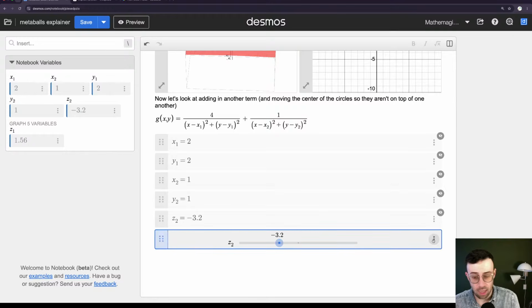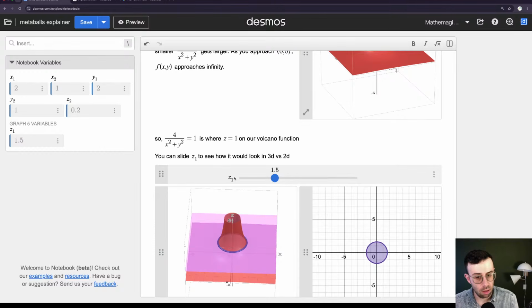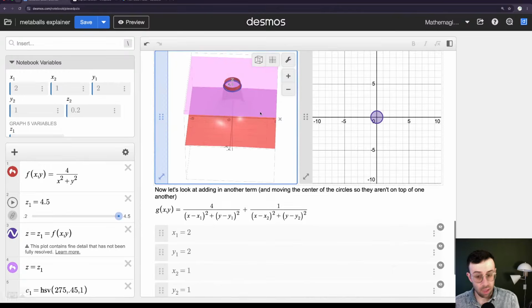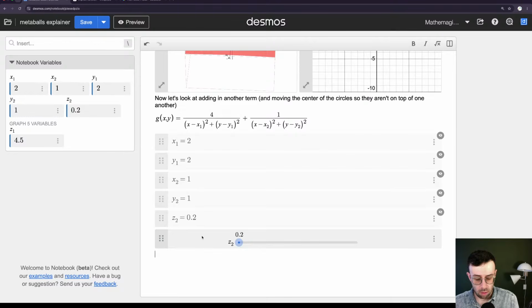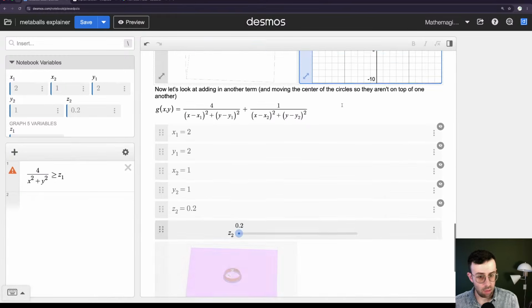So we want the slider, same deal, to go from like 0.2 to 4.5. All right, awesome. I'm going to copy this graph. And I'm going to copy this graph.